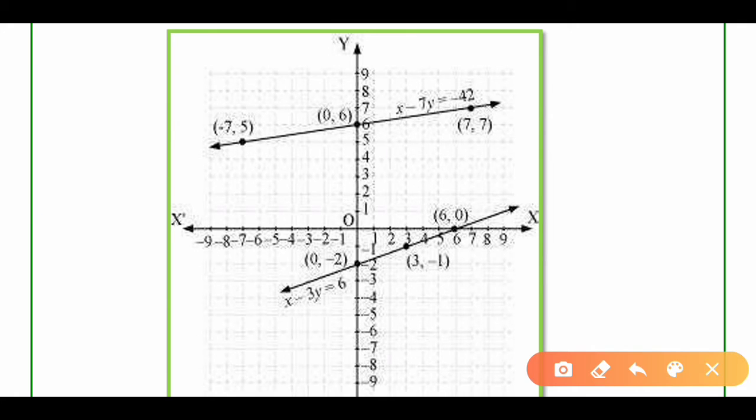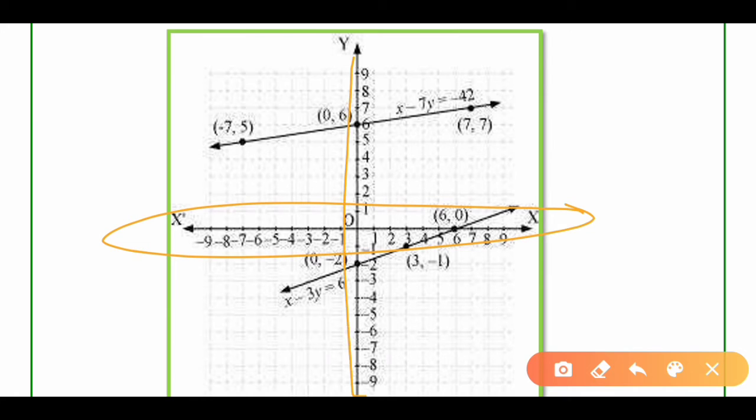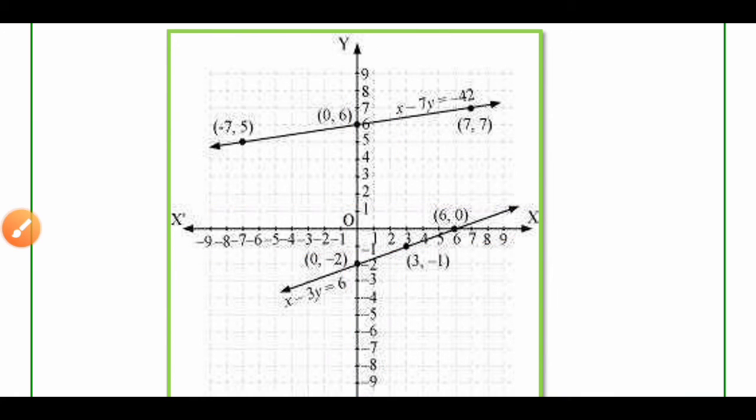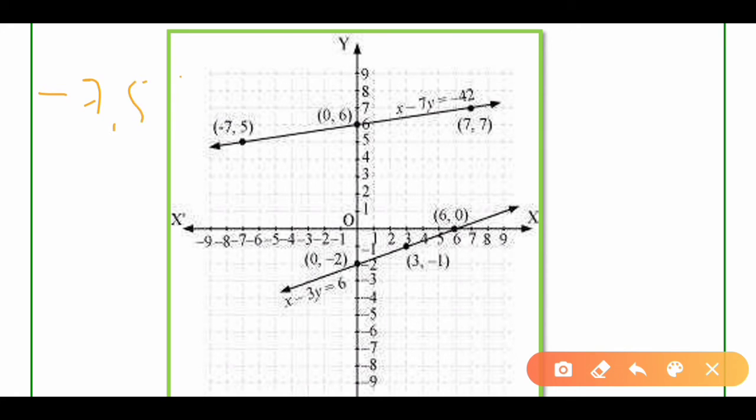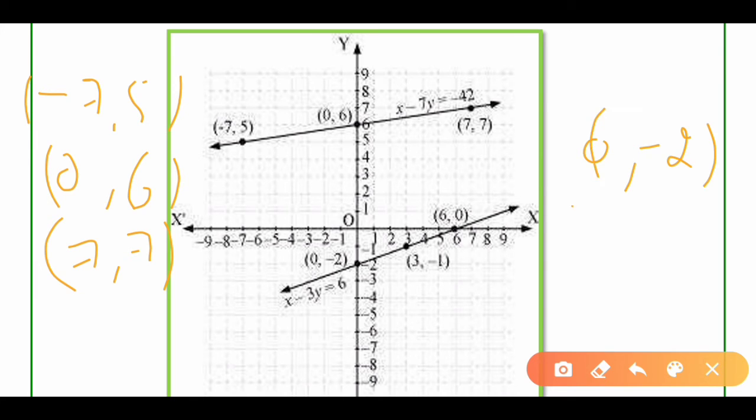Now you can see the graph. This one is the x-axis and this one is the y-axis. We had the equations with different points in tabular form. We had the points minus 7, 5; 0, 6; and 7, 7 in the first table, and in the second table we had 0 comma minus 2, 3 comma minus 1 and 6 comma 0.